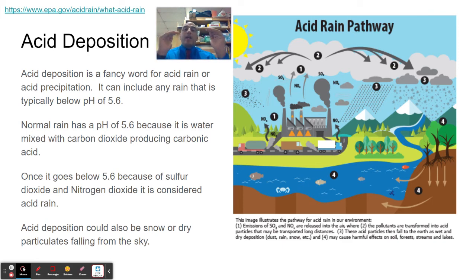Now, when it gets more acidic than 5.6, it is considered acid rain, acid deposition. Now, why would it fall below 5.6? Well, if there are emissions, particularly fossil fuel emissions, coal being the dirtiest, but diesel could do this as well. Diesel fuel has sulfur in it, but coal has even more.